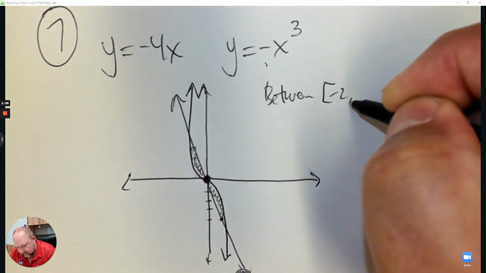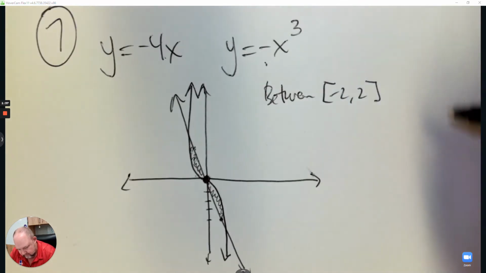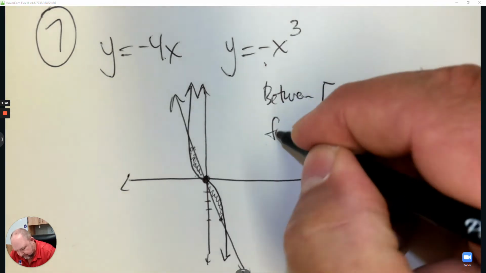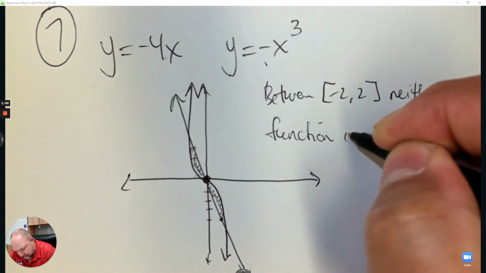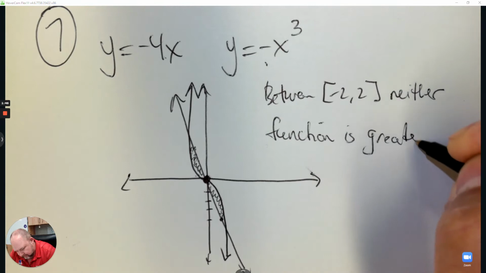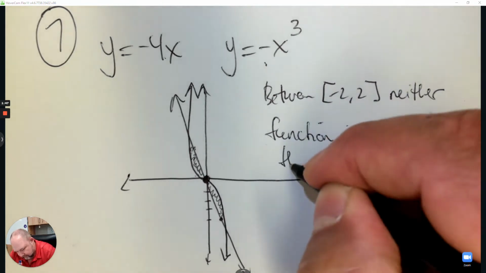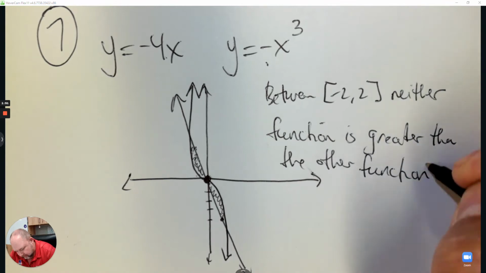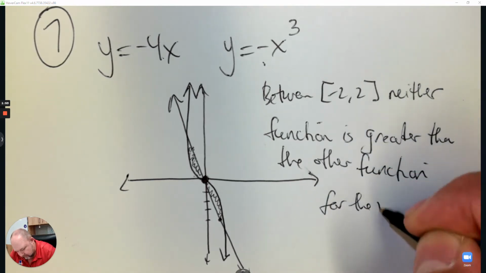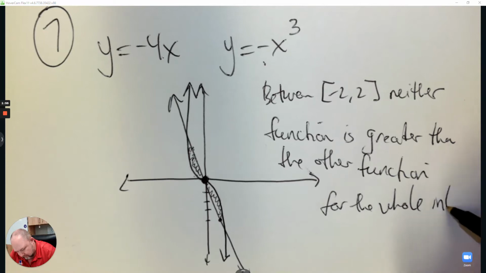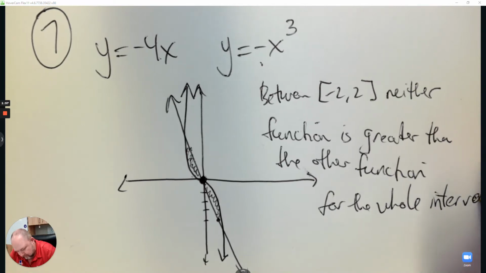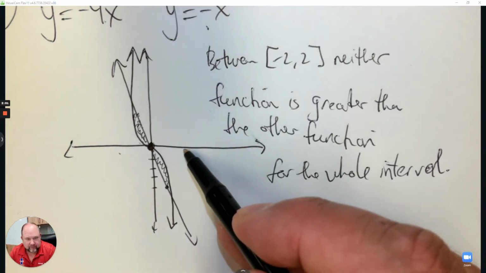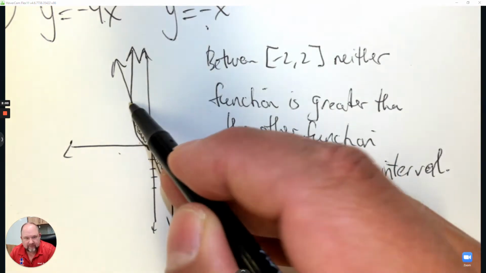So between negative 2 and positive 2, that's what we have here.